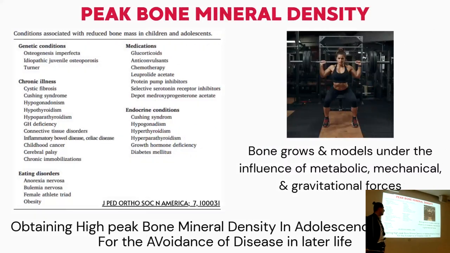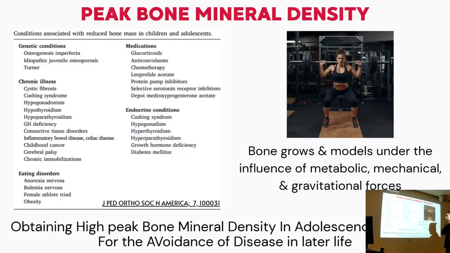There are lots of conditions that could potentially lead to people having a reduction in bone mass. So there's genetic conditions. Some people are more susceptible than others, but there's also a whole host of chronic illnesses which could potentially affect bone mineral density.